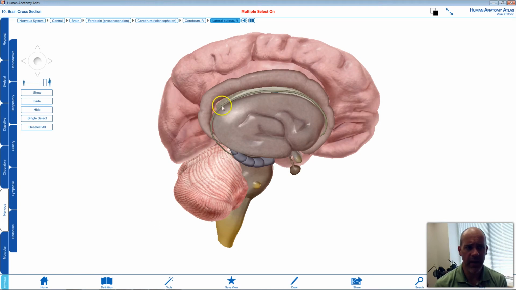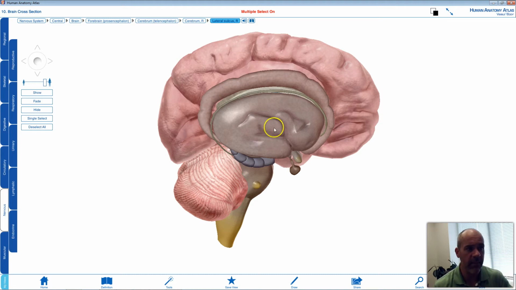So you've got quite a number of different structures down here in this deeper portion of the brain, and a lot of these areas that are highlighted and colored in, they don't really have those colors, but those are areas deeper within the brain where you would find a lot of cell bodies of neurons. These areas of gray matter, cell bodies of neurons down deeper in the brain, have particular functions. Some of these on Visible Body you don't have to learn.